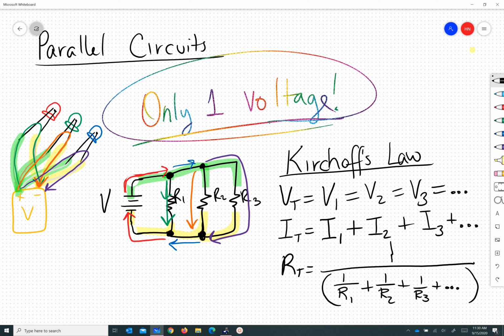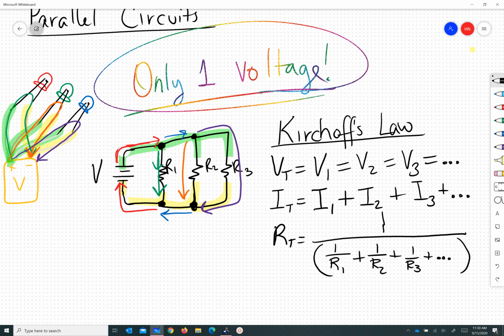Another way to write that, we have to remember that especially for our calculators, when we're entering these numbers, another way of saying 1 over x is x to the negative 1, right? So instead of putting 1 over, we can just put any number to the negative 1 exponent.